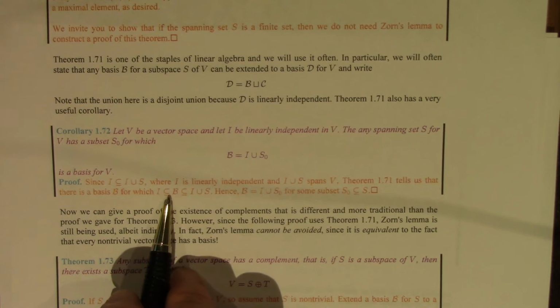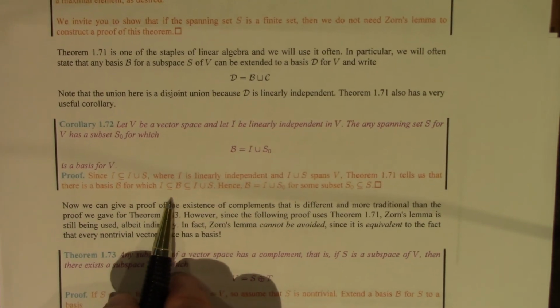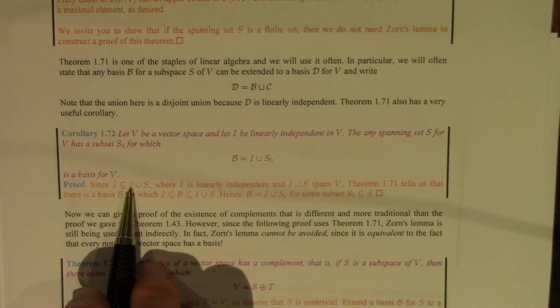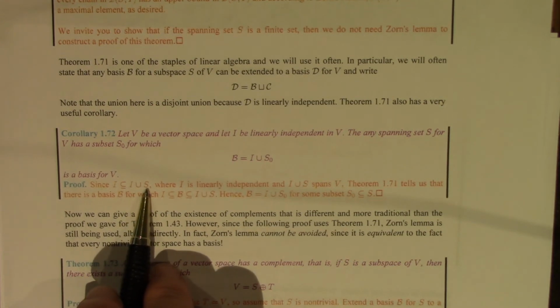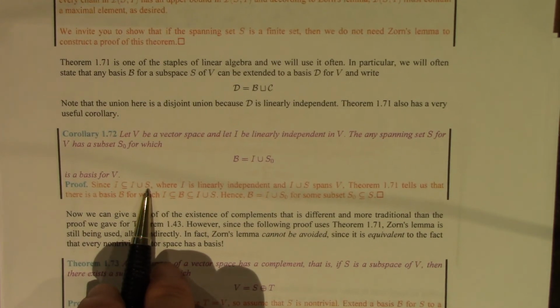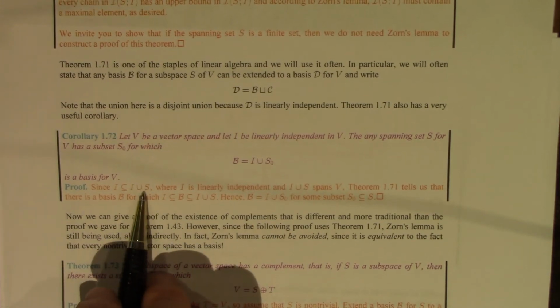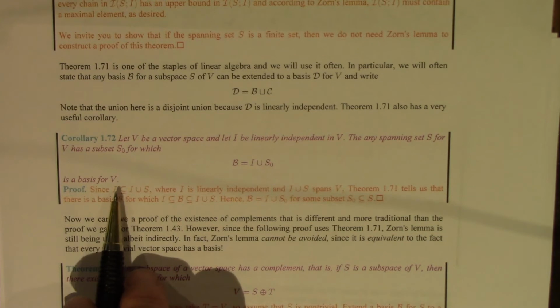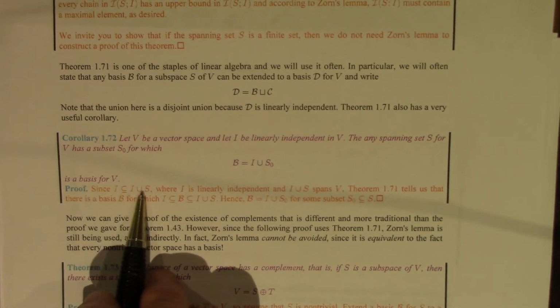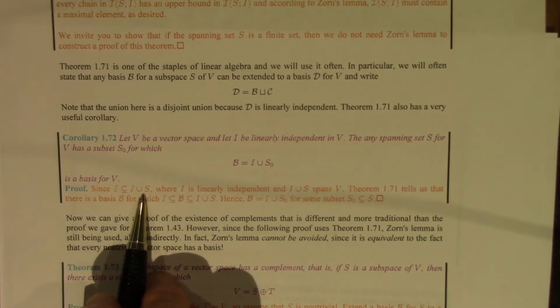And the proof is quite short. If we take the union of I, the independent set, and the spanning set, we will get a spanning set. And it, of course, will contain I, which is independent. So we have the situation here of the statement of the previous theorem.